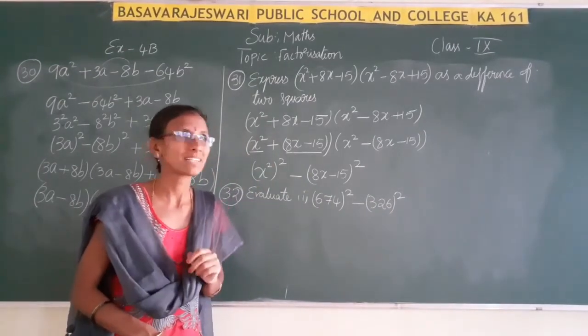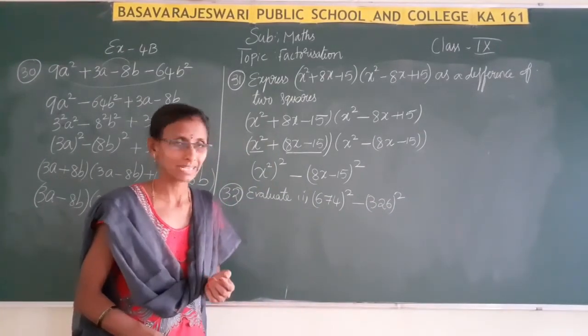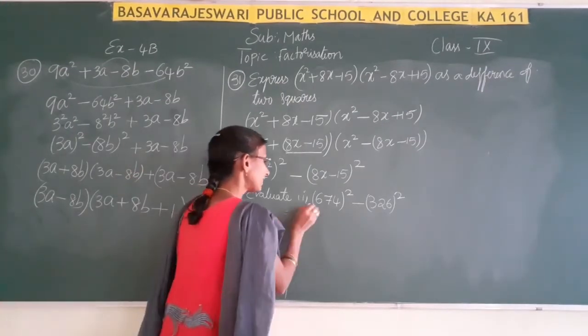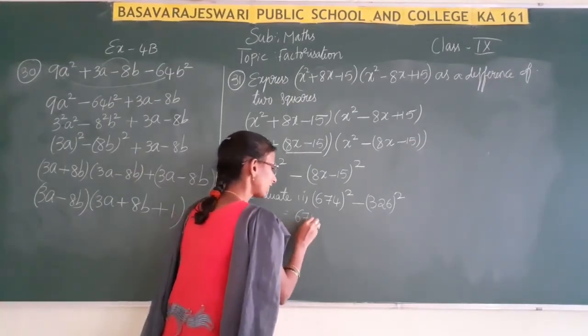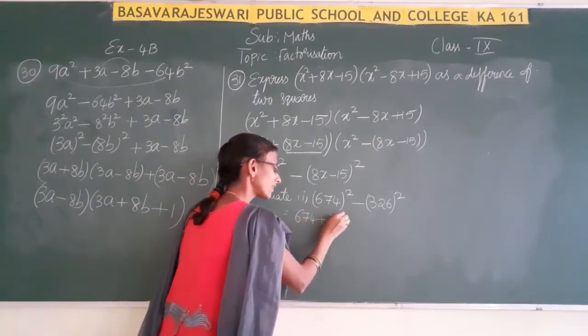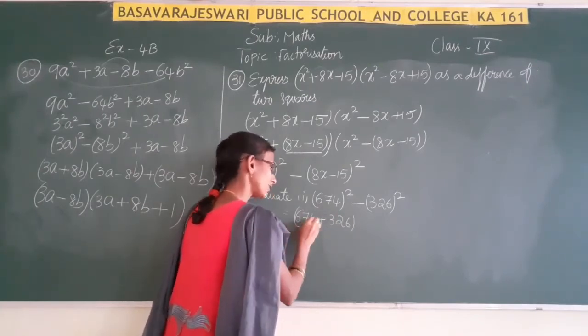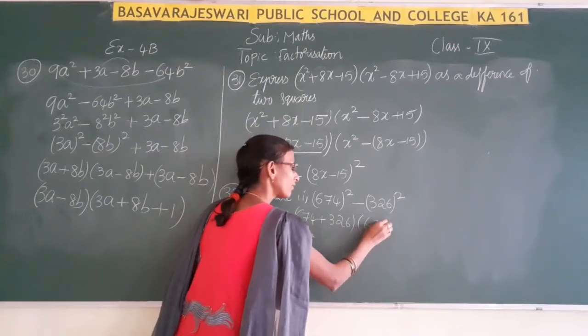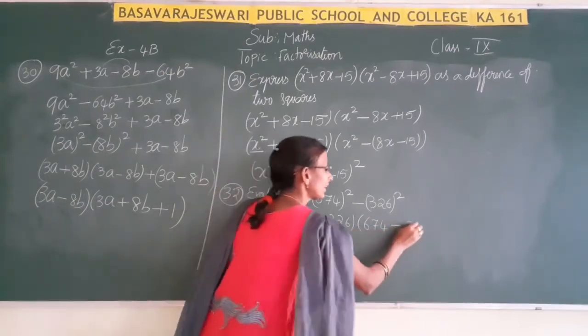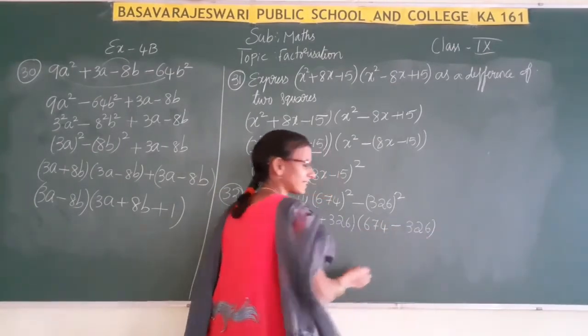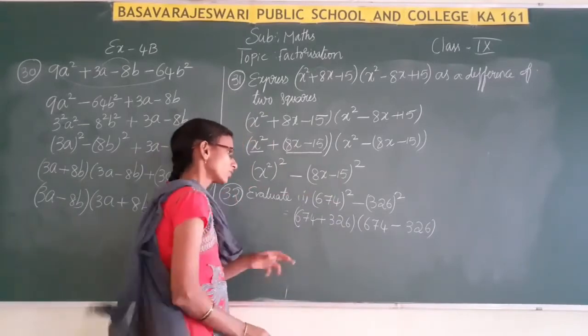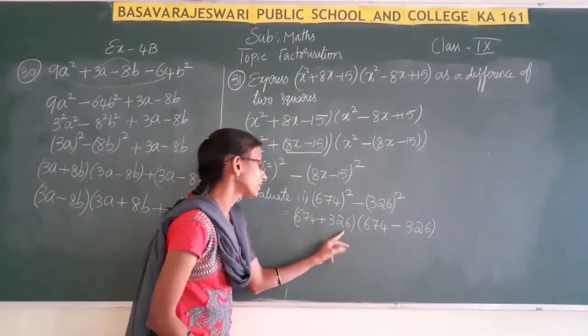It is a plus b into a minus b. So a plus b means 674 plus 326, into 674 minus 326. So 674 plus 326, what do we get?